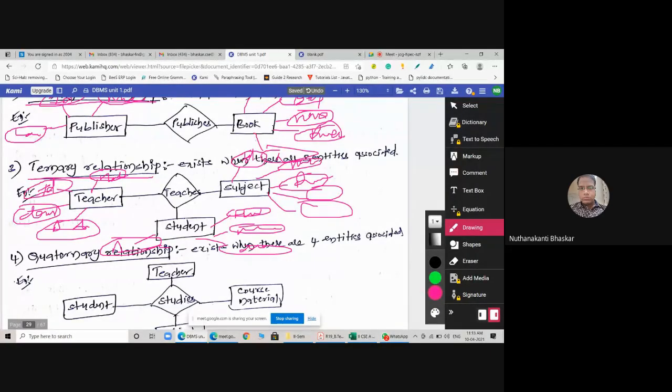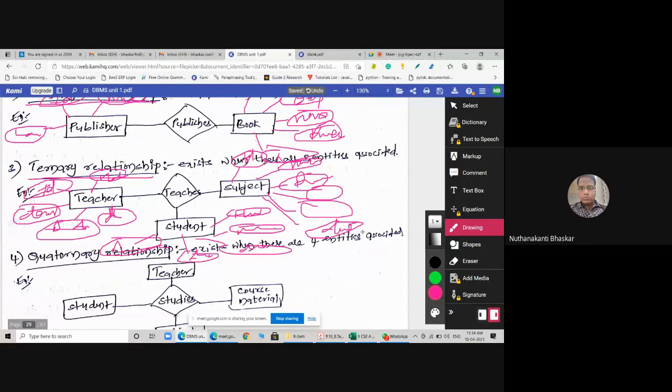Here, maybe the teacher, subject, and student are in the same department, so the teacher teaches that subject and teaches that student. That's why the teacher's department is there, the student's department is also there, and the subject's department. There lies one common attribute, and then only we can make it an association.